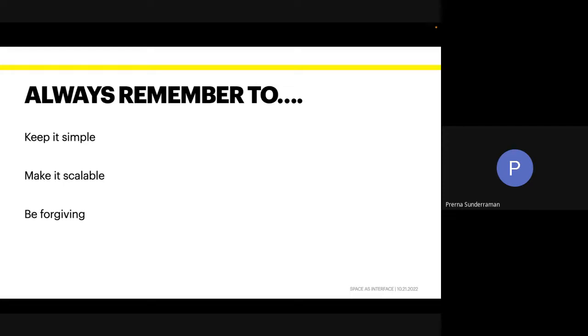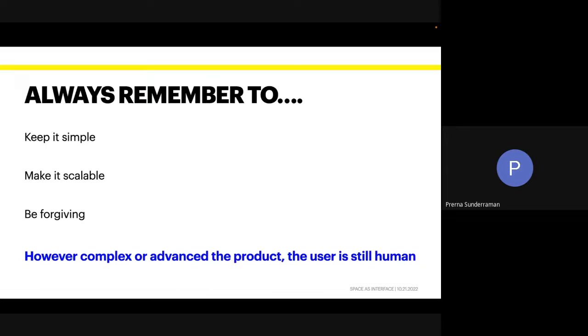But I don't think there is really any harm in providing that additional back button in our UI itself, because now the user has two ways that they can exit a task that they probably stumbled into by mistake. And the underlying theme in all of this is, however complex or advanced our product or space, the user that's using it is still human.